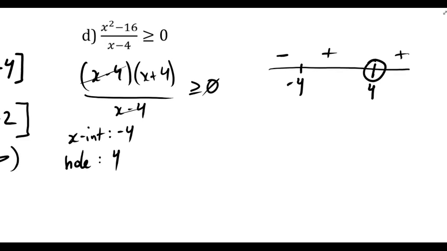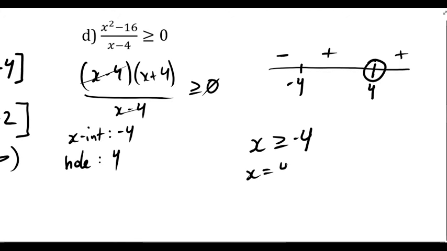So let's see, this was greater than or equal to 0 again. So it's greater than or equal to 0 when x is greater than or equal to negative 4. Wait. Yes. As long as x doesn't equal 4, because it's not true.